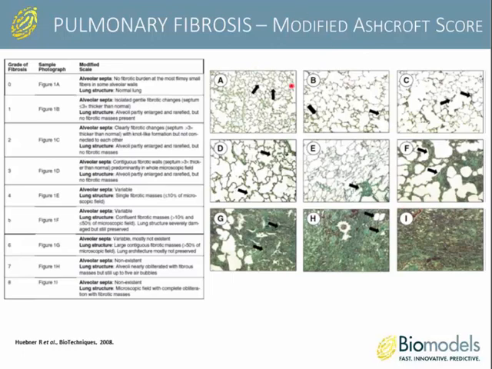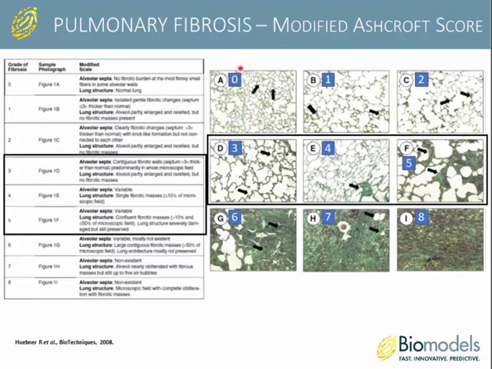Here in this first panel, which would be given a score of 0, we see normal lung architecture with thin alveolar septa. As fibrosis increases, you see some thickening of the alveolar septa, and then eventually you'll start seeing some of these fibrotic masses. And as the scores increase, you see more and more of the tissue completely covered by a fibrotic mass.